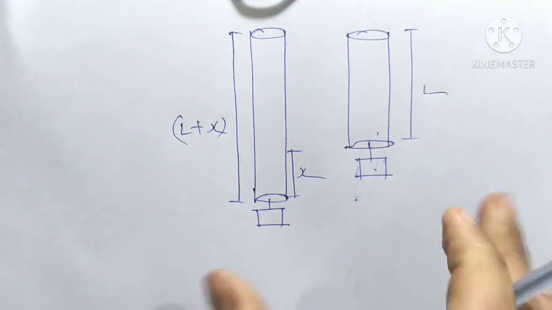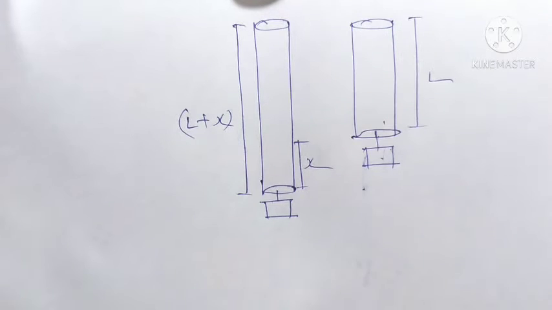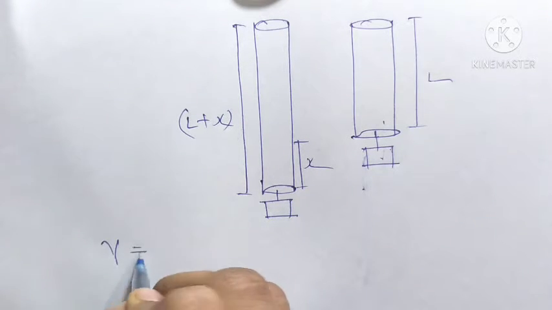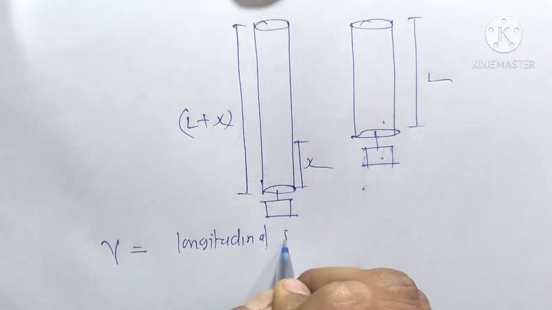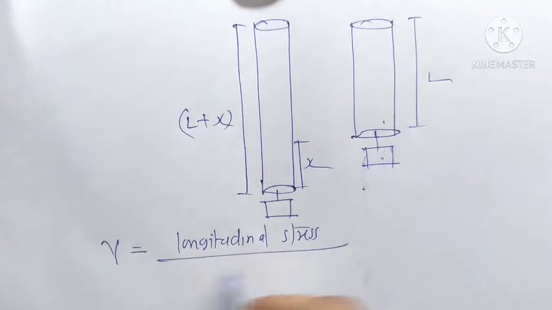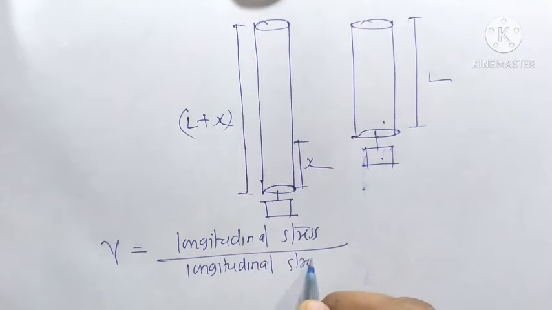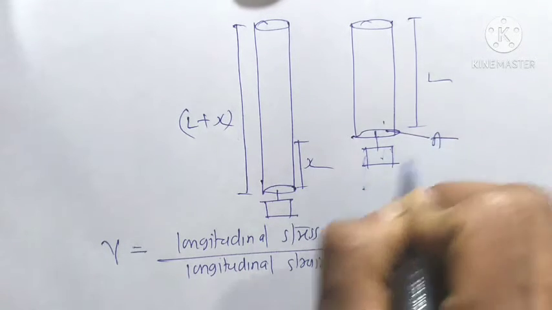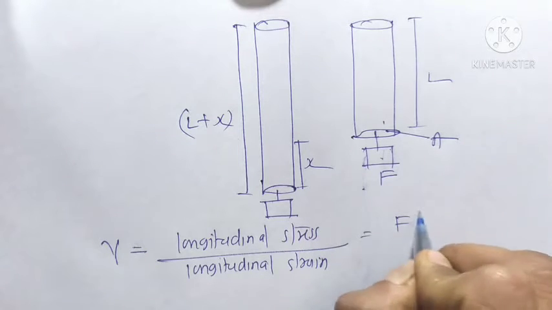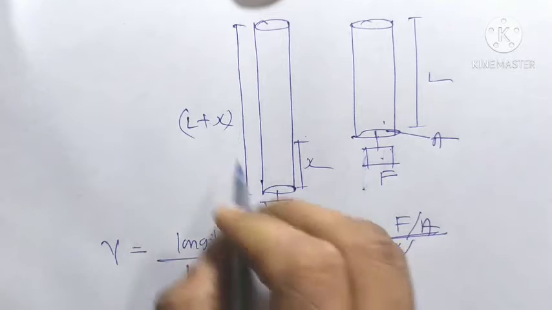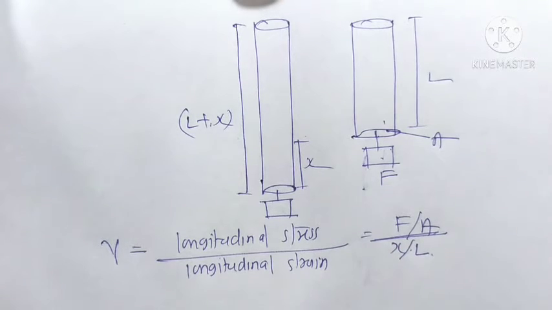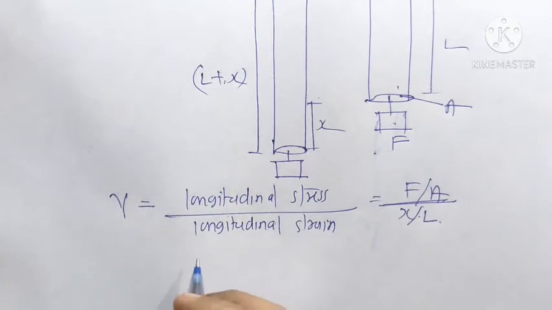So we already know that Young modulus is equal to longitudinal stress upon longitudinal strain, which is force upon area, upon change in length x and original length L. So Y is the Young modulus.